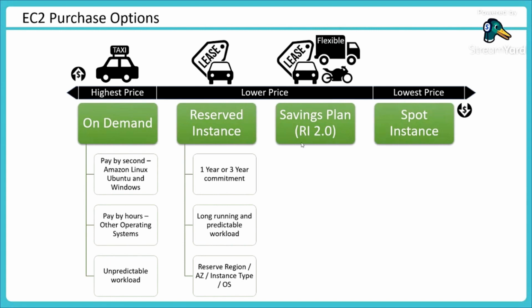The same thing applies to savings plan. What happens here in savings plan, we give you a commitment of fixed payment. You say to us, Amazon, I am going to pay you $10 per hour for compute. And in savings plan, we have options. You can say, hey, I will use this $10 per hour for EC2. If yes, you can book that.